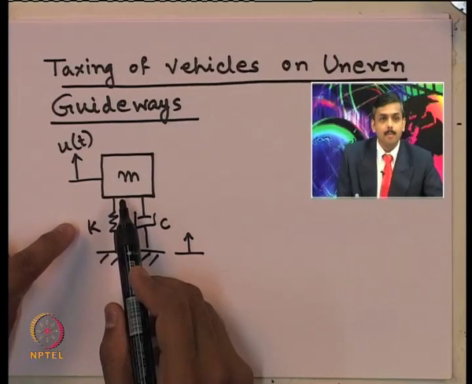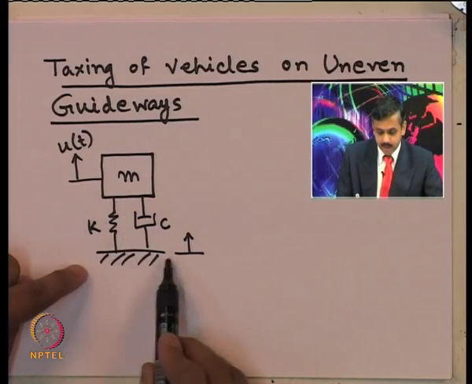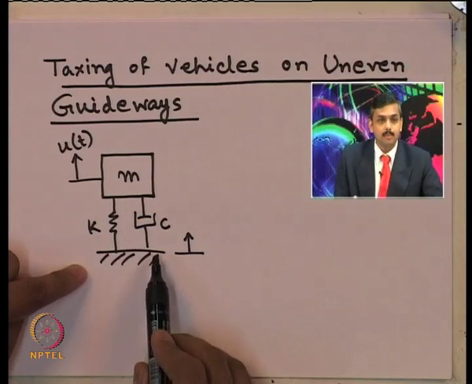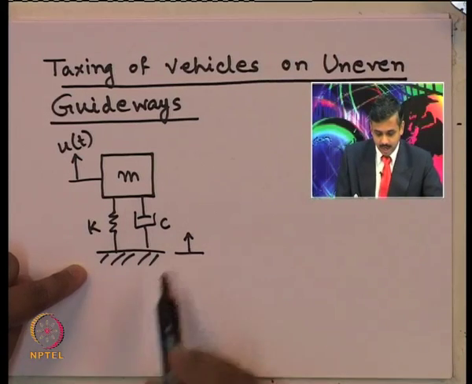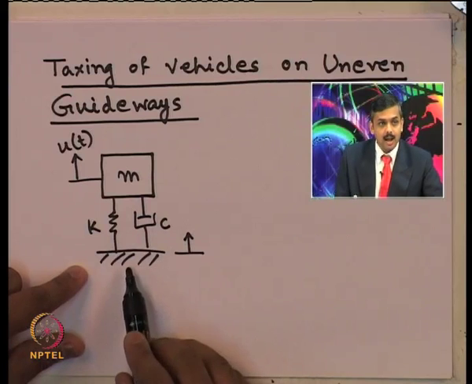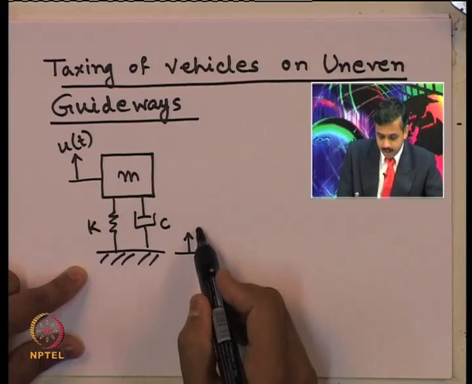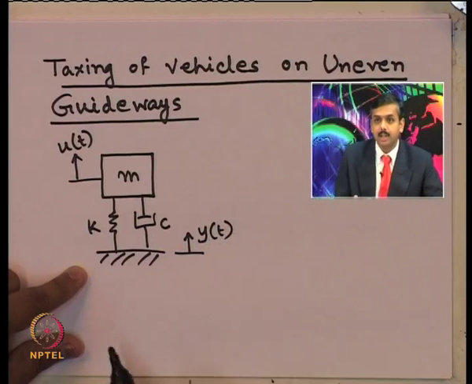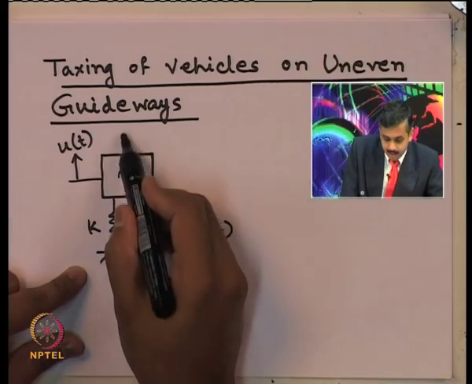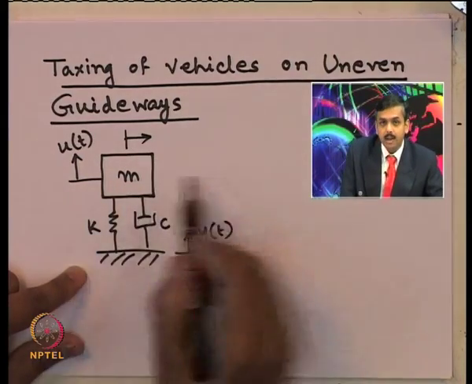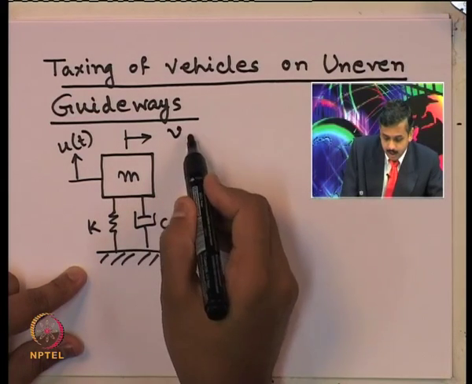M is the mass of the vehicle, or lumped mass of the vehicle, which is in contact with the ground, at the time of taking off or landing. That is why taxiing of vehicles, and on the ground the displacement function, let us say, is given by y of t because of the undulations of the ground, and this vehicle is moving on the ground with velocity v.